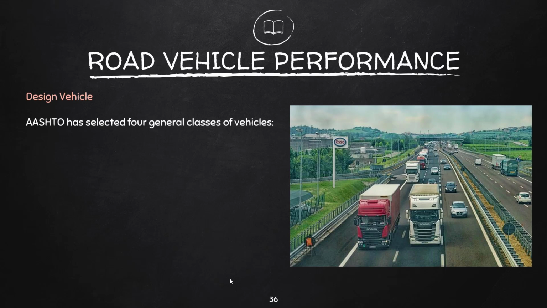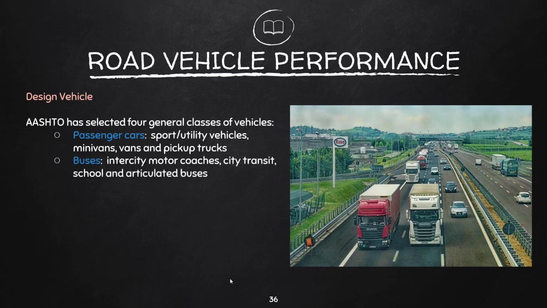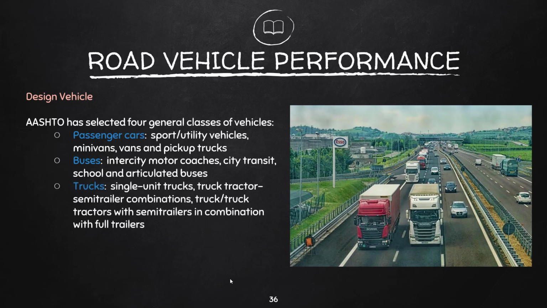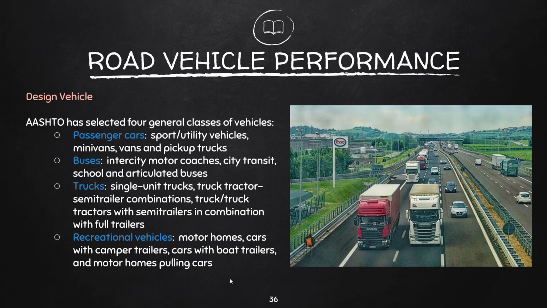AASHTO has selected four general classes of vehicles. Passenger cars, which are sport utility vehicles or minivans, vans and pickup trucks. We also have buses, trucks, and recreational vehicles, motorhomes, cars with camper trailers, and some other recreational vehicles.